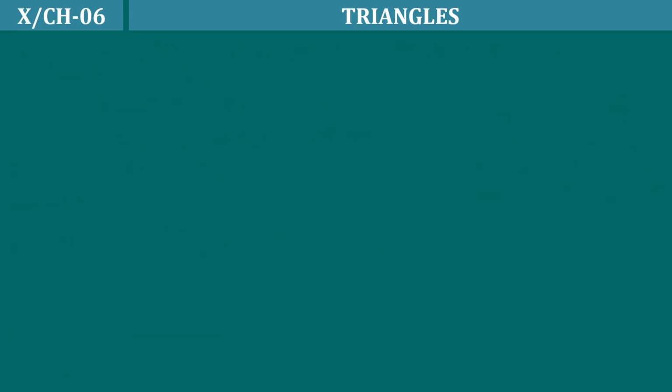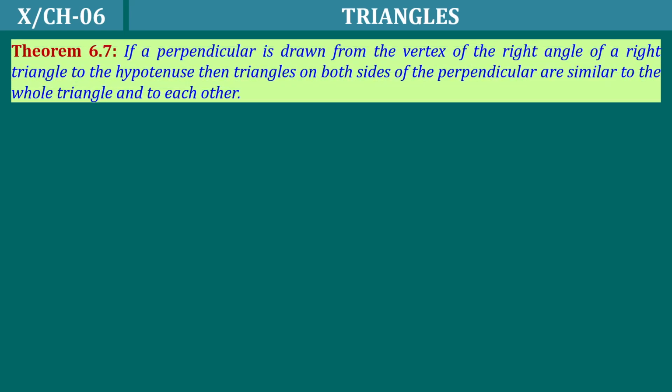Let us go to the next theorem, theorem 6.7. And this is altogether about any right angle triangle. This theorem is exclusively based upon the right angle triangle. Right? And it says, if a perpendicular is drawn from the vertex of a right angle triangle to the hypotenuse, then triangles on both sides of the perpendicular are similar to the whole triangle and to each other.